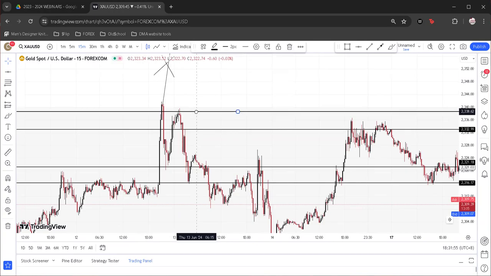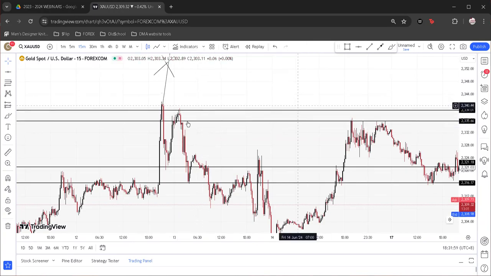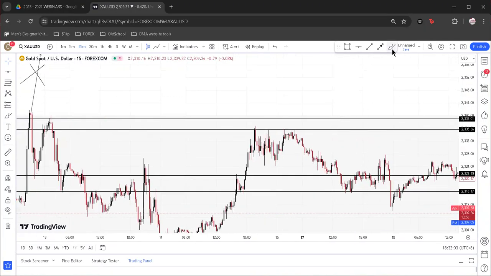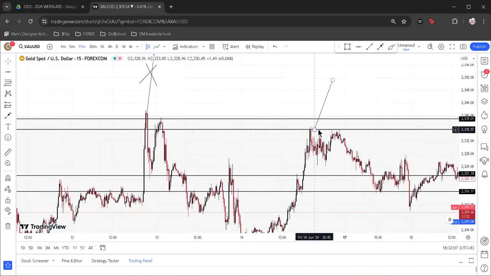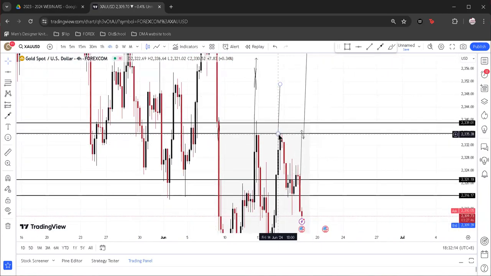Regardless of what happened beyond that, we can tell here that there is a resisting point. And as you can see, it is not breaking above or beyond this resisting point. It is still respecting this lower time frame and always the higher time frame resisting point.